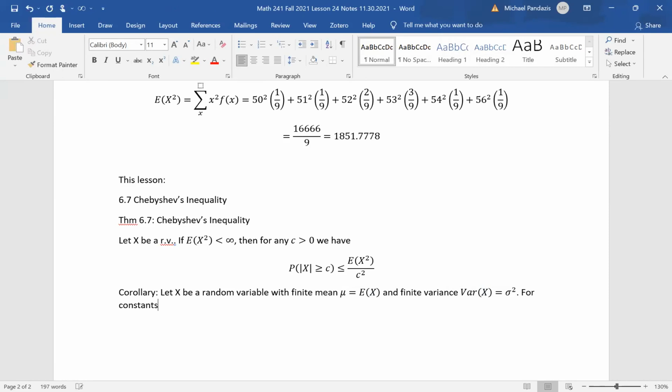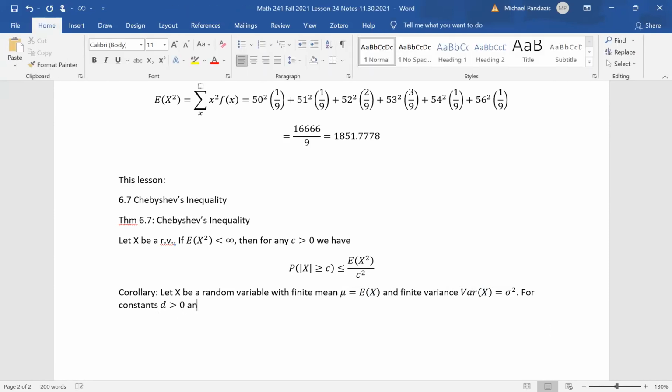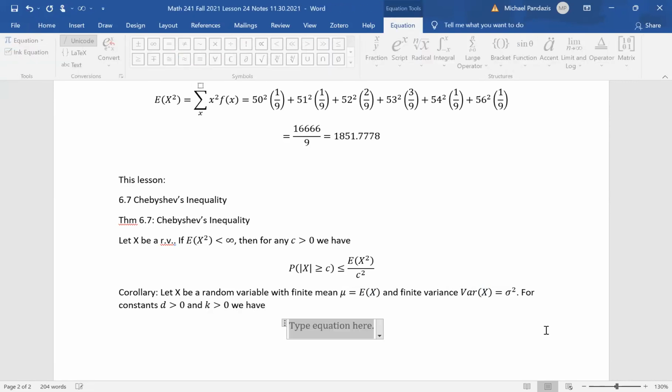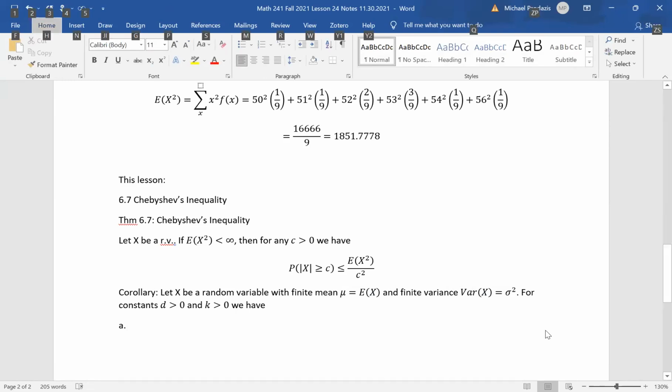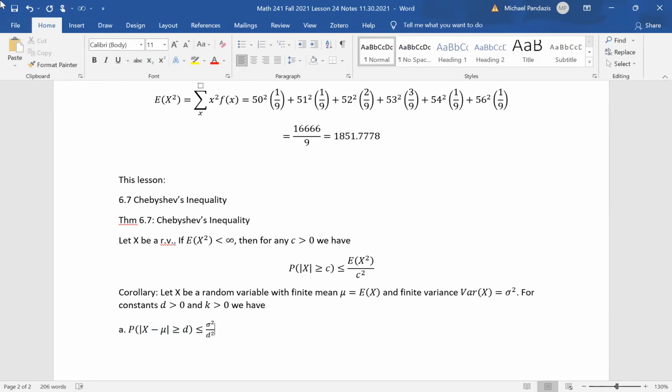For constants d positive and k positive, we have the following. A, the probability of the absolute value of X minus the mean mu is greater than or equal to d is less than or equal to the fraction sigma squared divided by d squared. Okay, so that's part A.